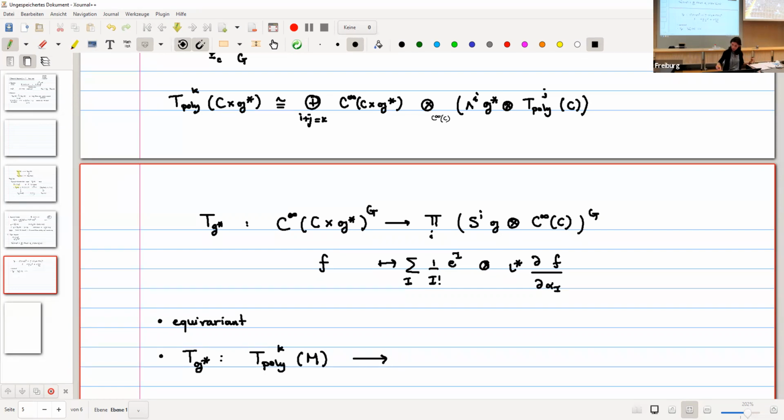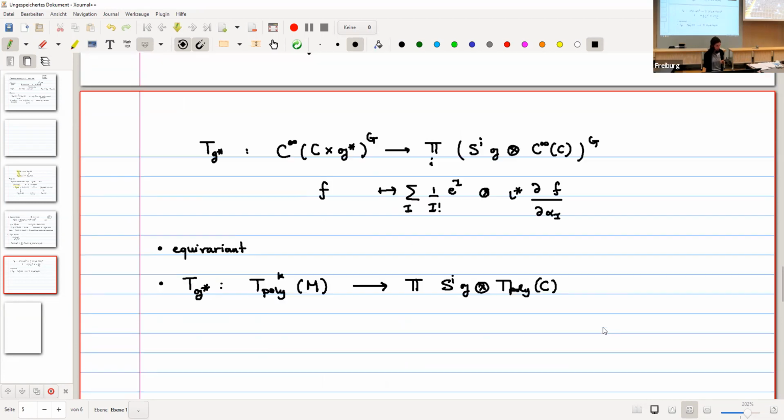So on the other side now we have polyvectors on C. Again, we can use the fact that this is equivariant and then extend to G-invariant polyvector fields, which allows me to actually define the Taylor expansion around C.